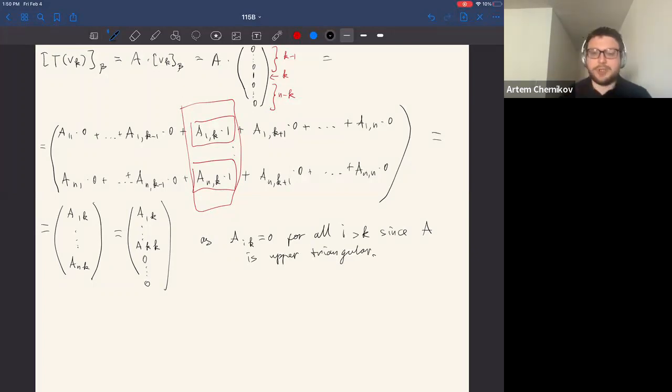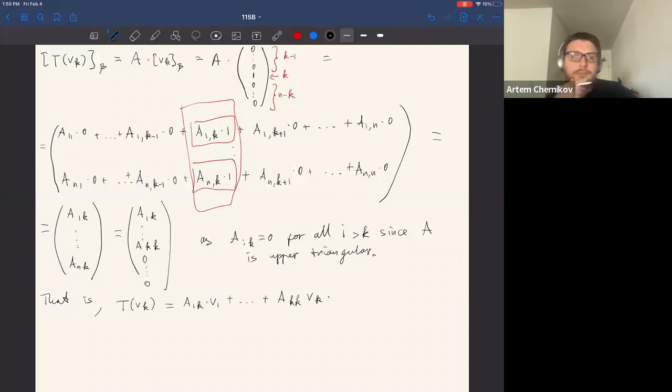Okay, so it's a bit tedious calculation, but the point is that we can write out the coordinate vector for this. In other words, we have that T of Vk is equal to a1k times v1 plus etc. plus akk times vk, right?